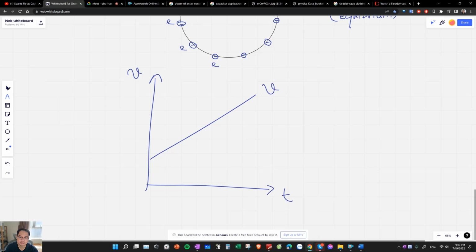It is described as a function v(t) equals v0 plus at. So this is the equation of time. v0 is the initial velocity. And to calculate the distance moved, we calculate this area.